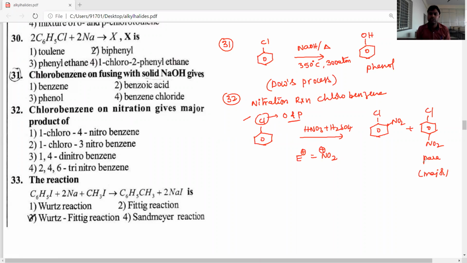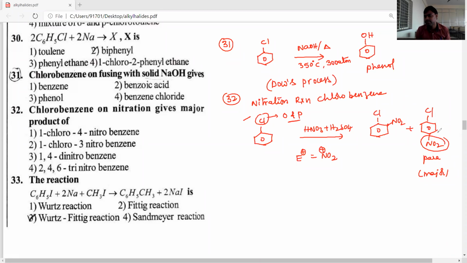So what is its correct IUPAC nomenclature? Among that, the NO2 group is considered as a substituent, and chlorine also. Both are substituents only, but its correct IUPAC name is according to alphabetical order.